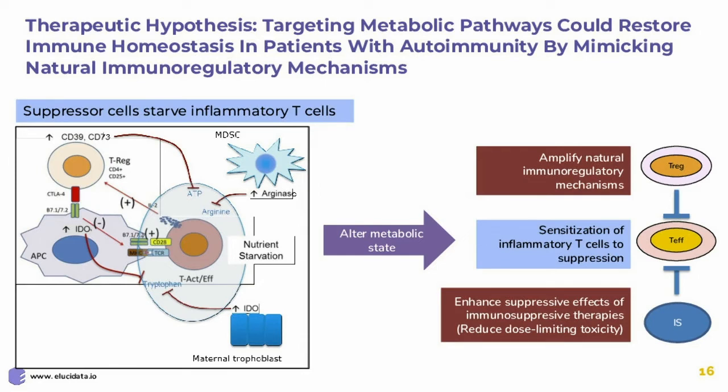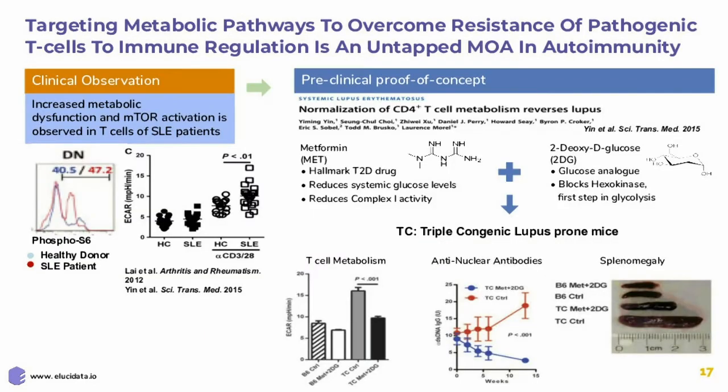And so as a proof of concept, there were some papers that had already been published, essentially from Laurence Morel's lab, where they had shown that in a mouse model of lupus, which is the triple congenic mouse model, a naturally occurring mouse model of lupus where anti-nuclear antibodies develop, there is splenomegaly, which happens over a long period of time.